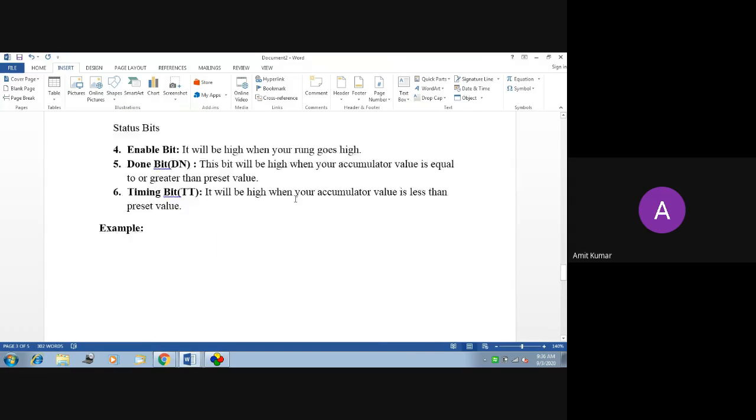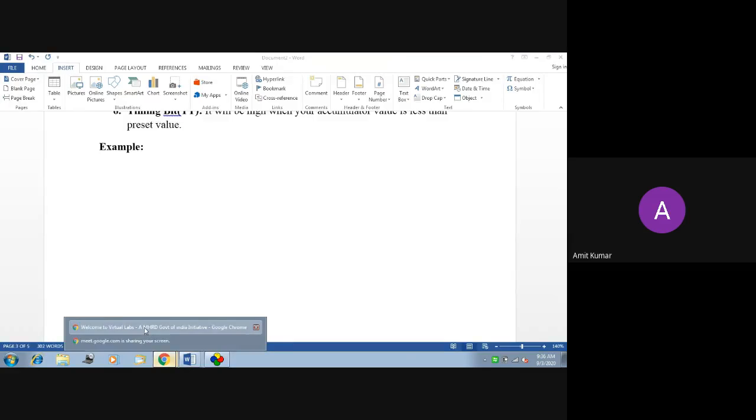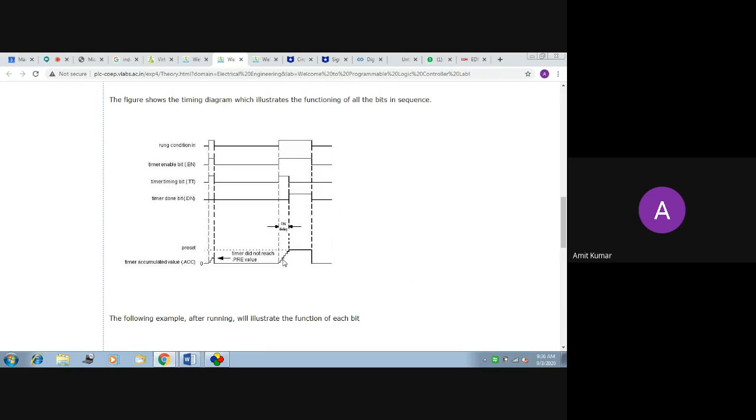Now in the second case, if you use the retentive timer, what will be the difference? In the retentive timer, the timer will count 0, 1, 2, up to 3. It will not start from 0. If it is a retentive timer, it will start from 3 only. So 3, 4, 5, 6, 7, 8.